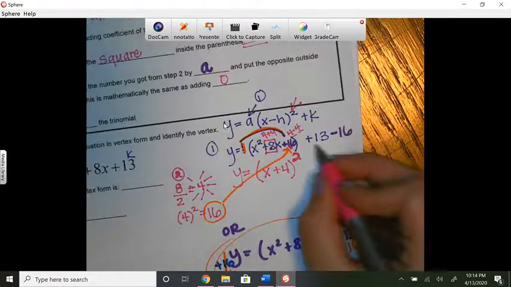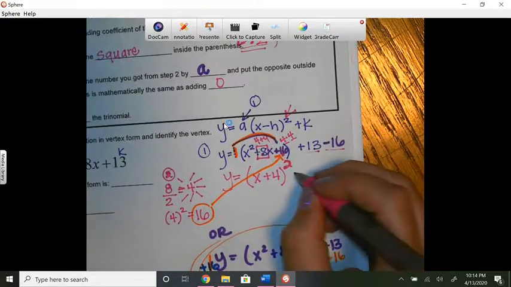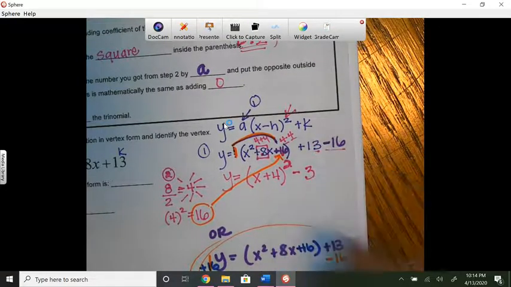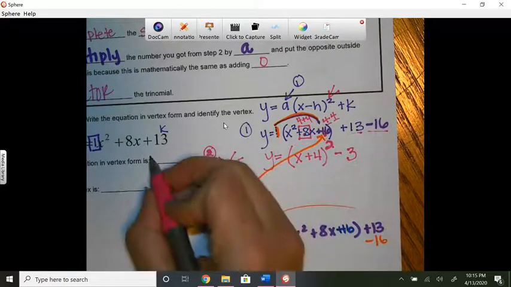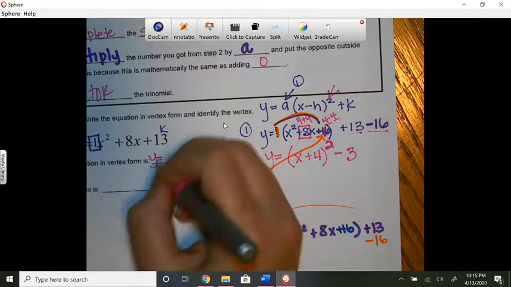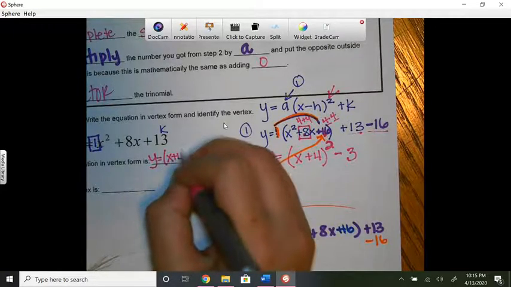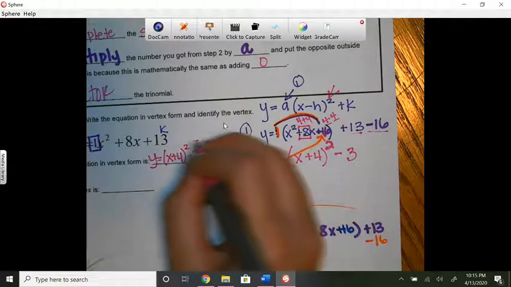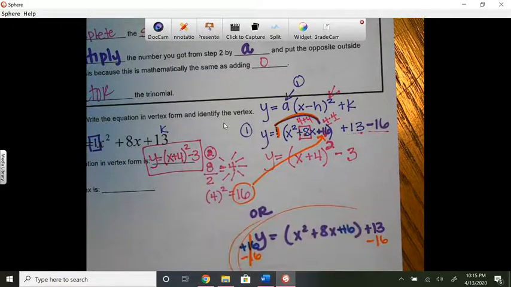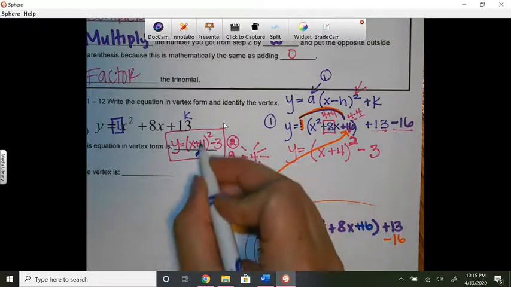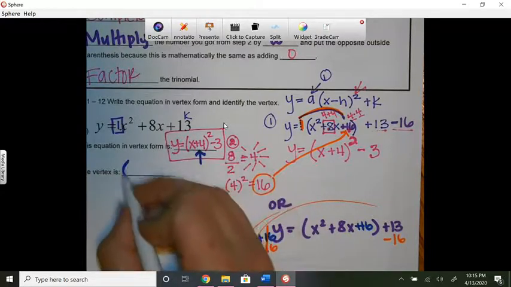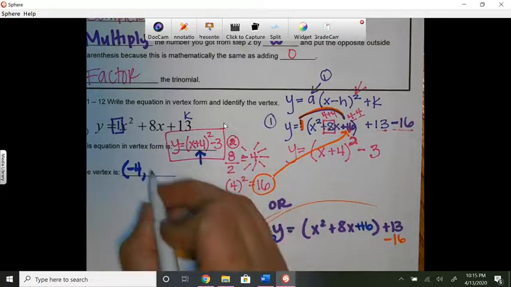And then 13 minus 16 is negative 3. So we have just put the equation in vertex form. So y equals x plus 4 squared minus 3 is in vertex form. Then when it's in vertex form, we can identify the vertex. The vertex is the opposite of this, and then the negative 3.